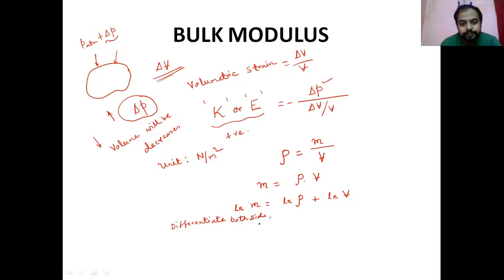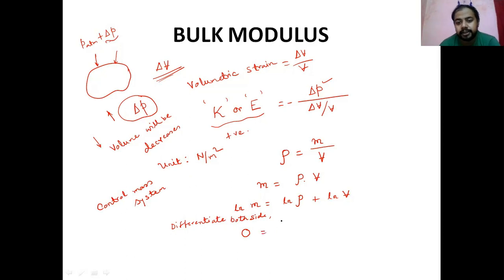Our system is a control mass system. For a system, the mass conservation is always preserved, so there is no change of mass. If you differentiate it, it will always come to 0. But density changes will take place.